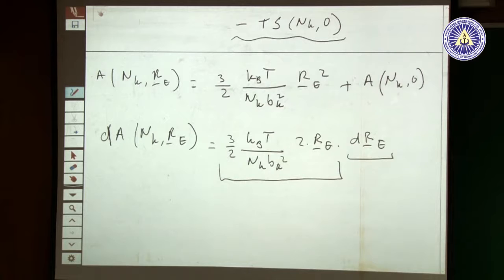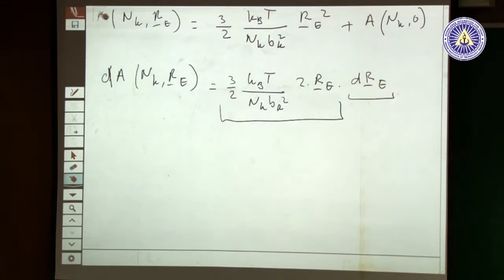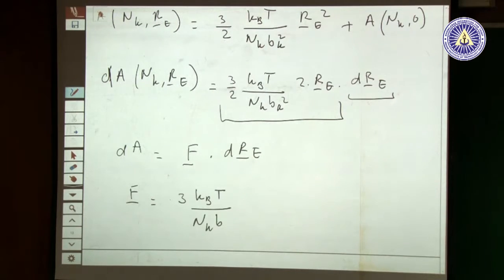So, I now can say that dA is in fact this force dotted with dRE, and the force is, and the 2 and 2 cancel, so 3 kBT over NK bK squared times RE.